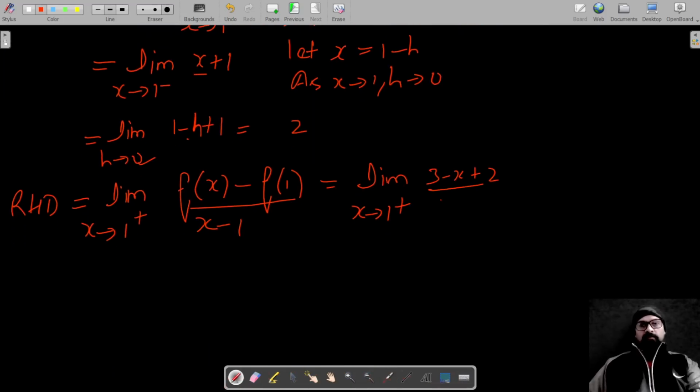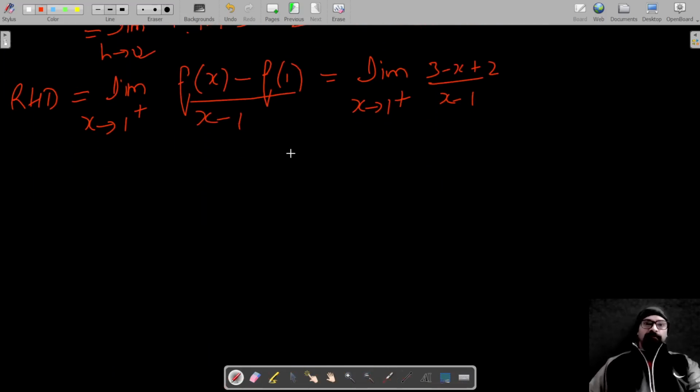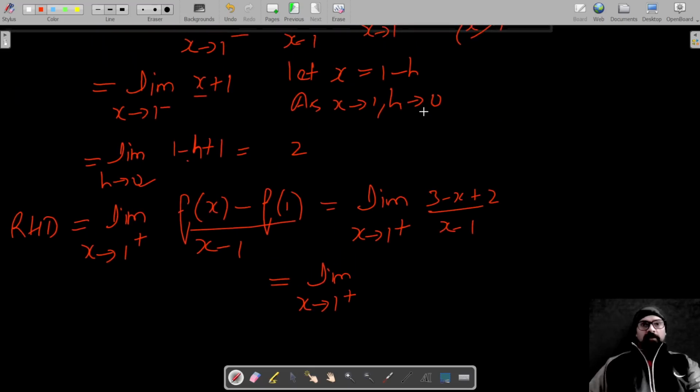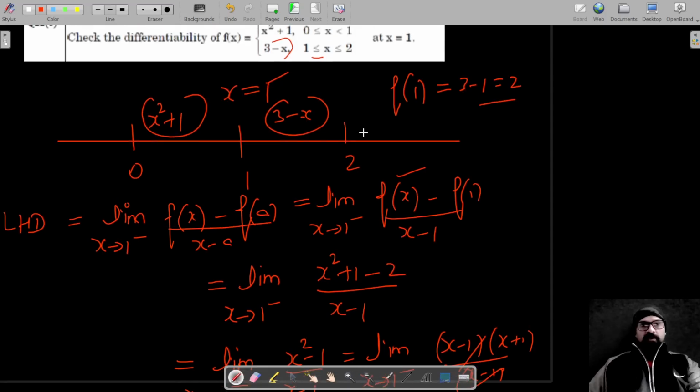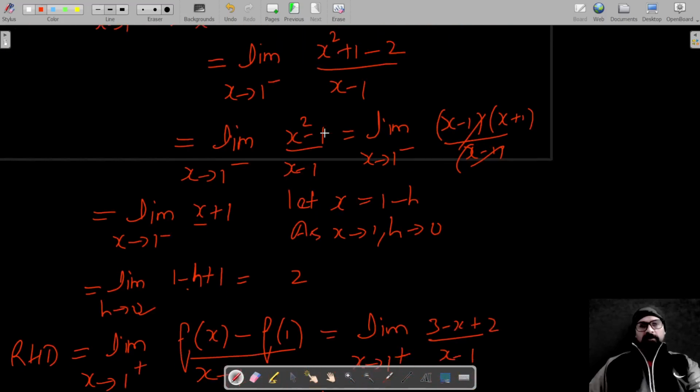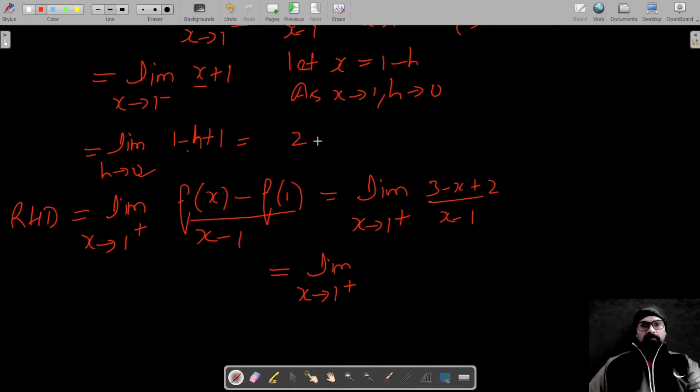So this is 2 upon x minus 1. So this becomes limit x tends to 1 plus, 3 minus x minus 2 upon x minus 1.